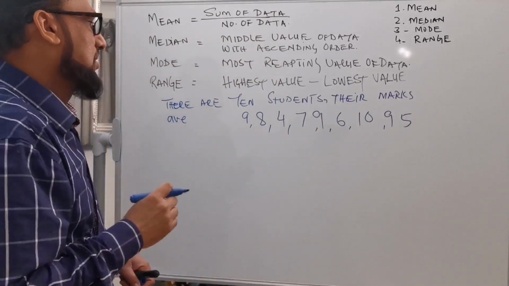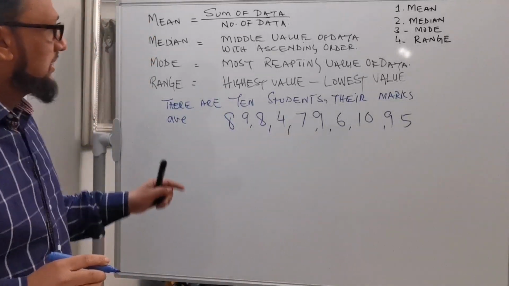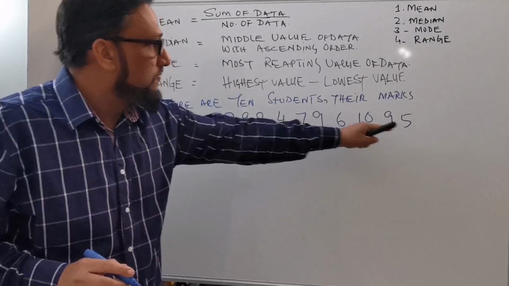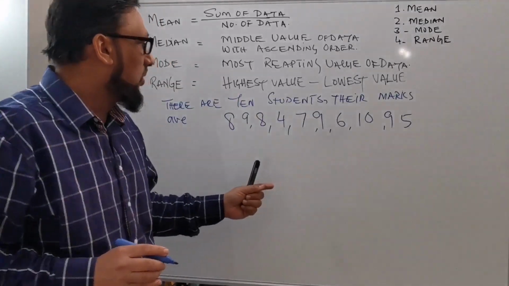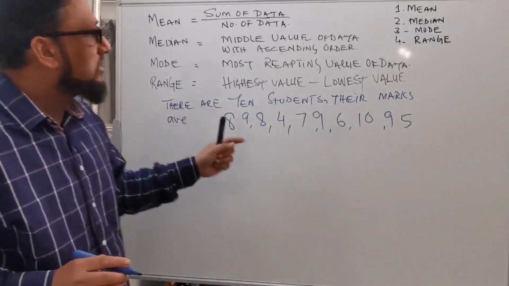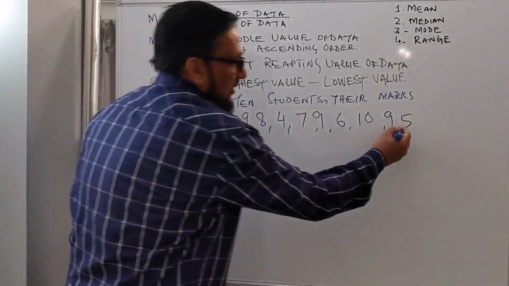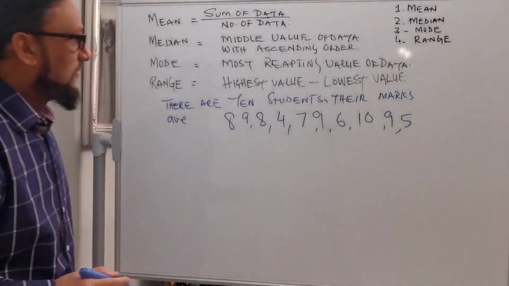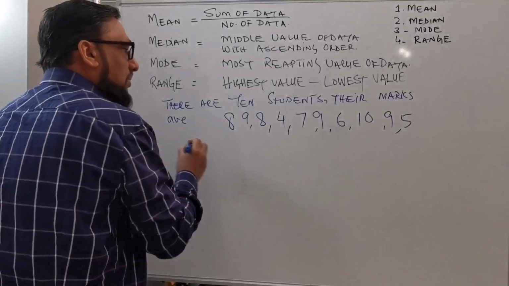So it means we have 10 sets of the data. So there are 10 students, and their marks in a maths exam, for example, are these. So we need to find the mean.